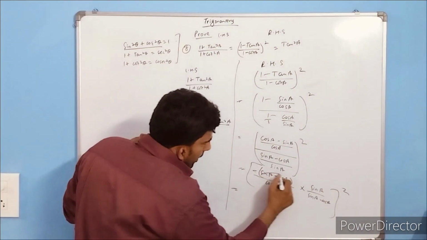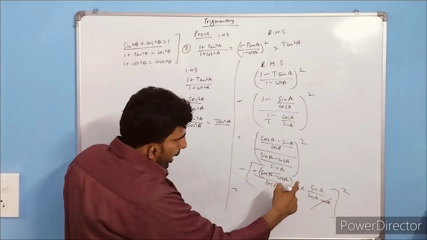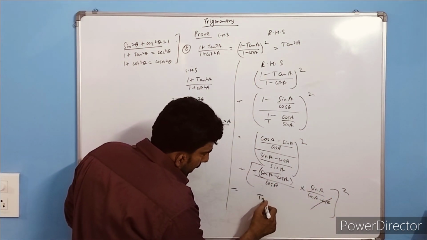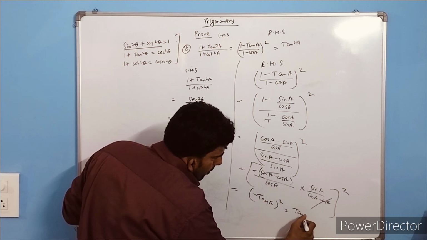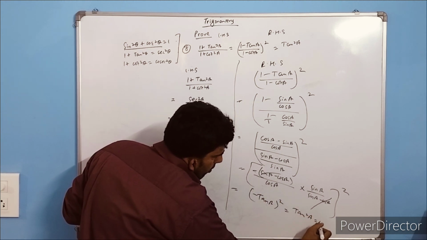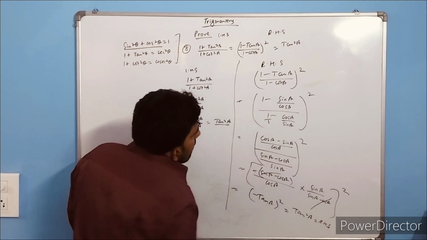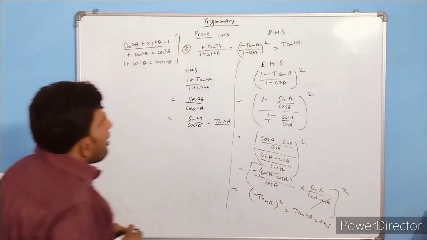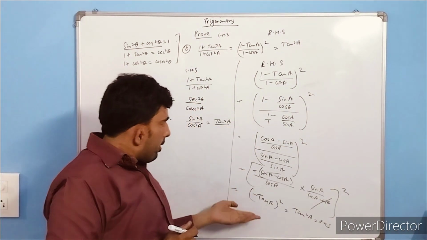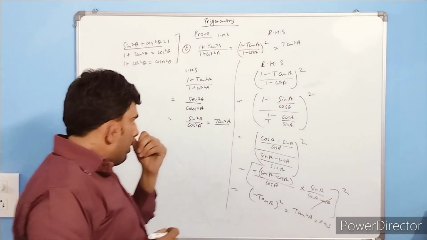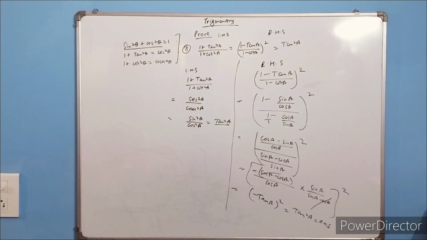Now this can be reduced. Now sin A upon cos A is tan A, minus sin is there, so we can write tan square A is equal to the RHS. So we see how we can finally do it.